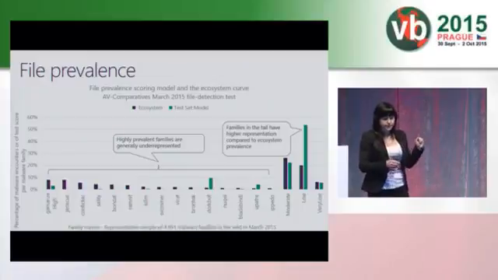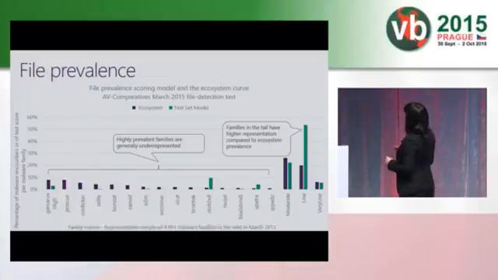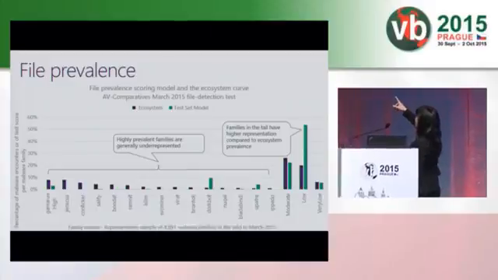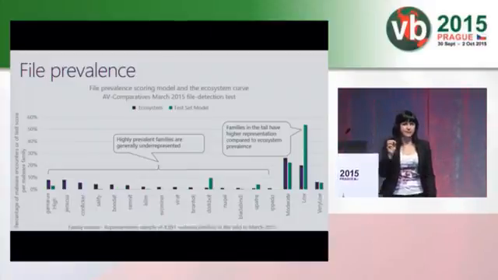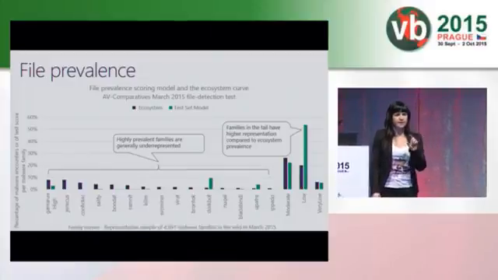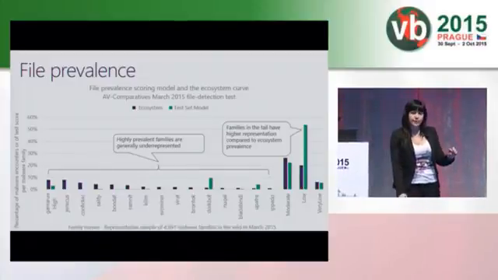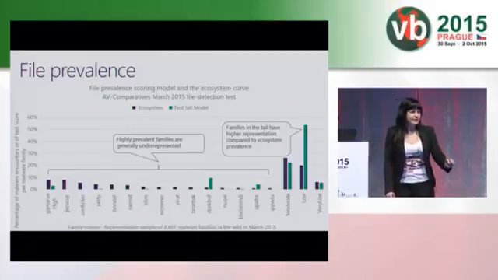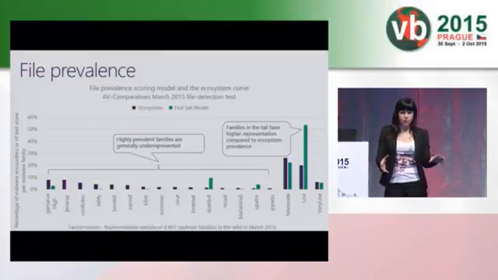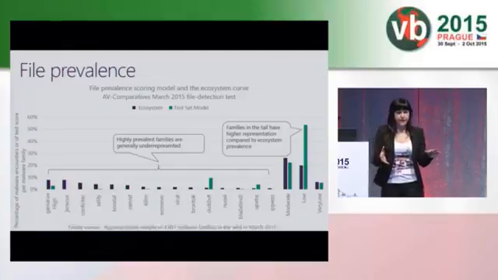So in this chart, it looks purple here. It's dark blue on my computer. This purple bar represents the ecosystem, so the family prevalence of the ecosystem, and then that teal bar is how this new model represented itself within this test scoring paradigm.